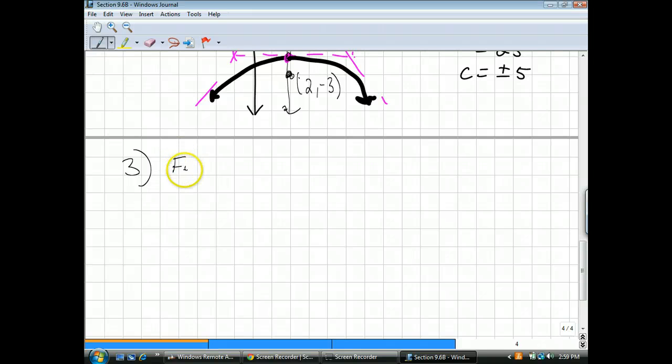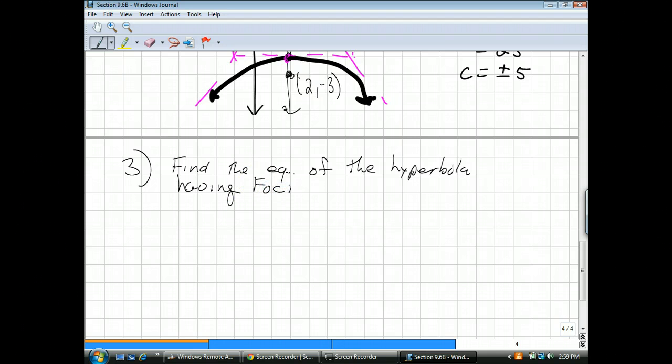So example 3, find the equation of the hyperbola having foci at (-4, 3) and (-4, -5), and difference of focal radii of 6.